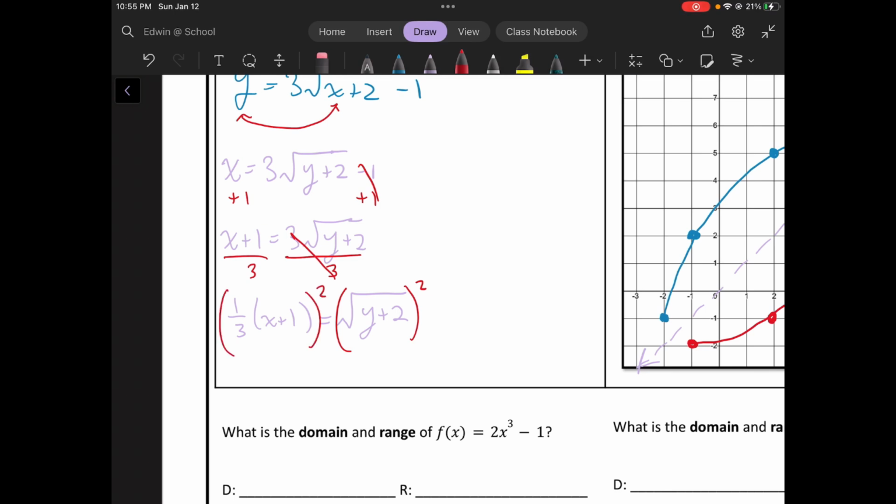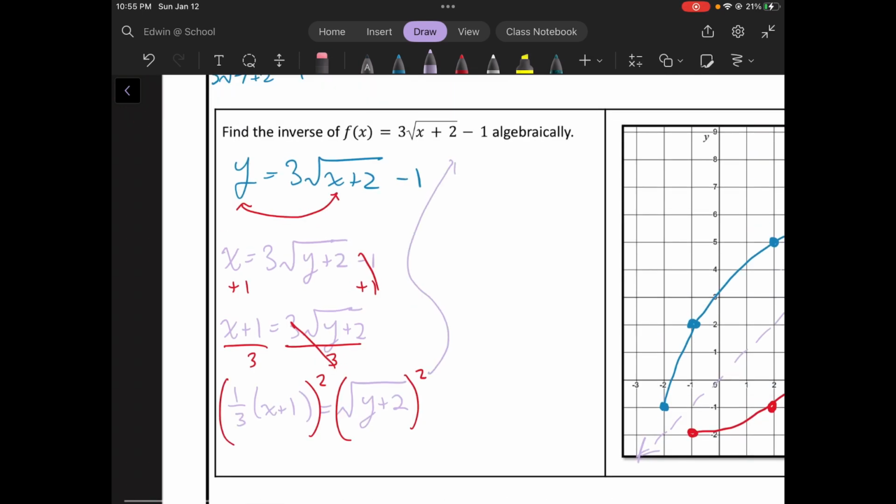So that means we need to square everything. Once we do that, we end up with y plus 2 equal to, everything gets squared, so 1 squared over 3 squared, then x plus 1, and all that squared.